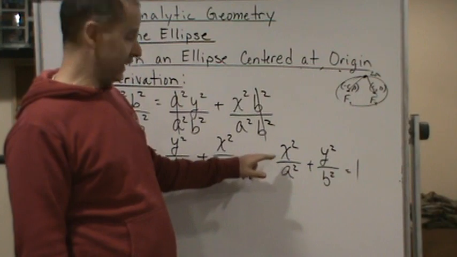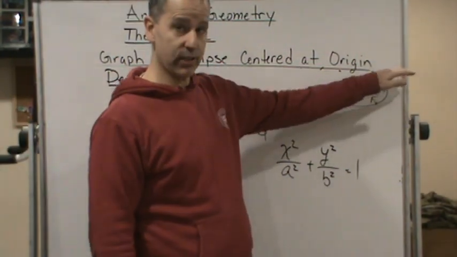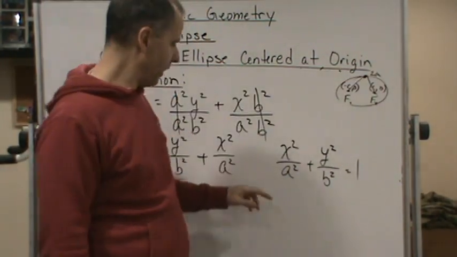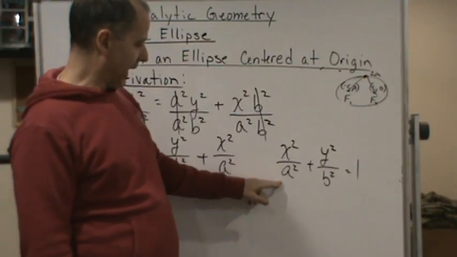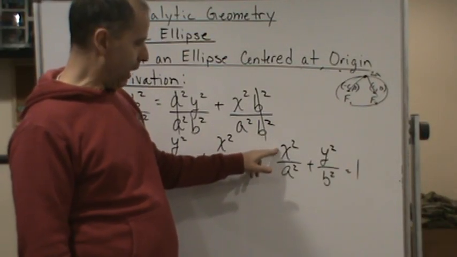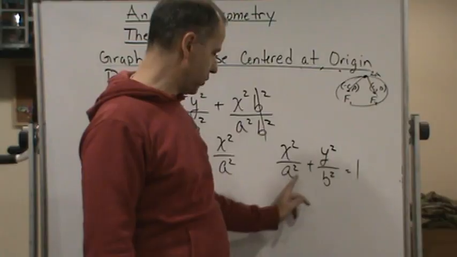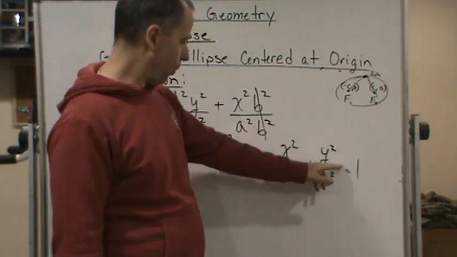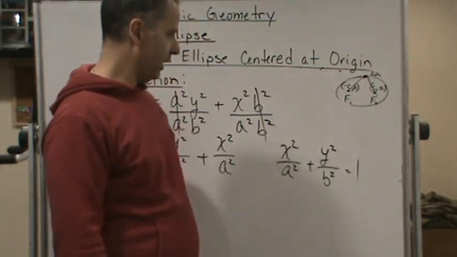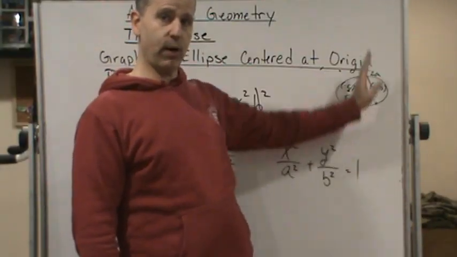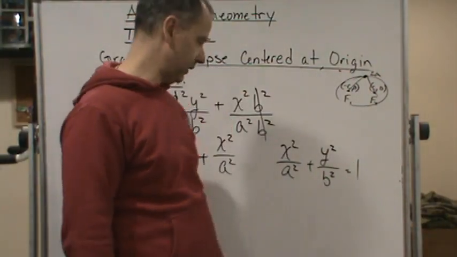So in this case here, the major axis was along the x-axis. a is always under that. Now if it was the other way, then it would switch. a would be under the y, so the b and the a would switch if the major axis was going along the y-axis.